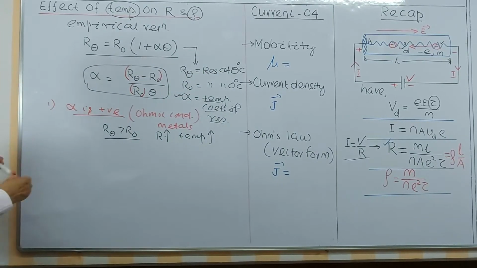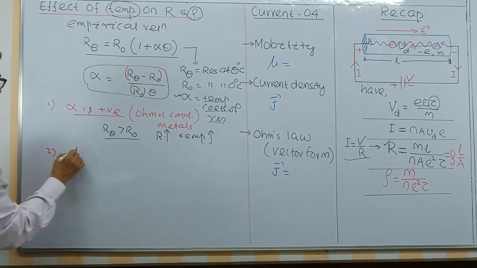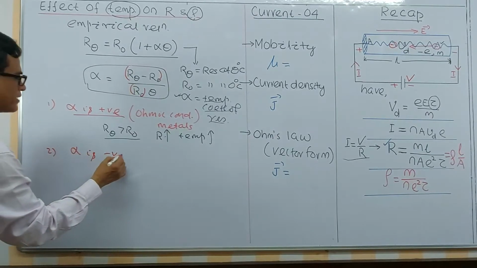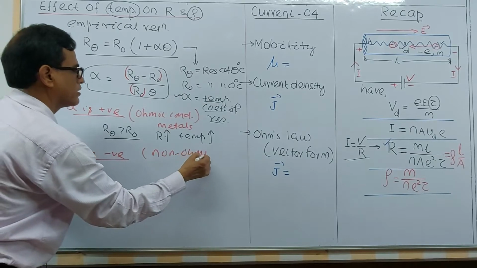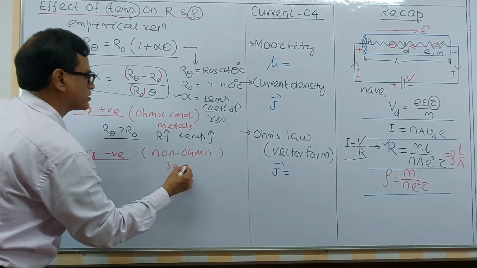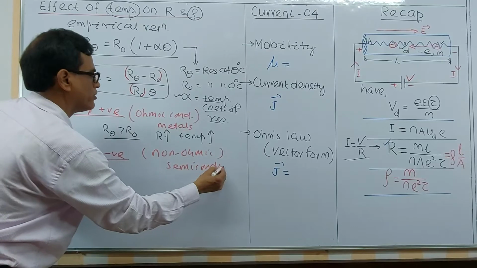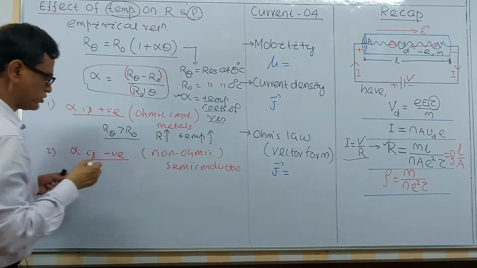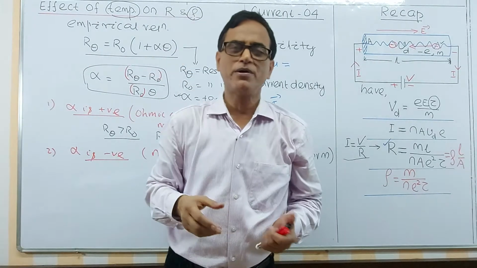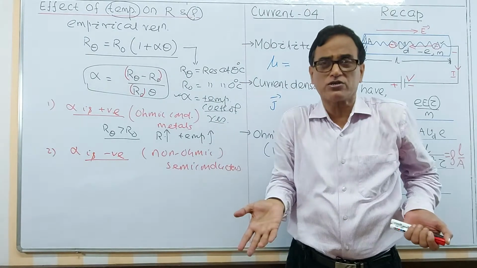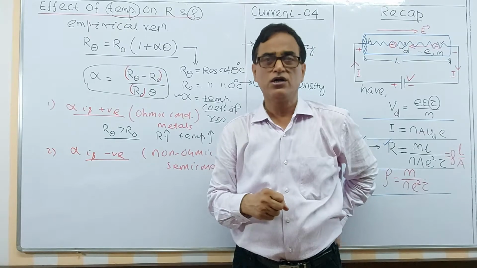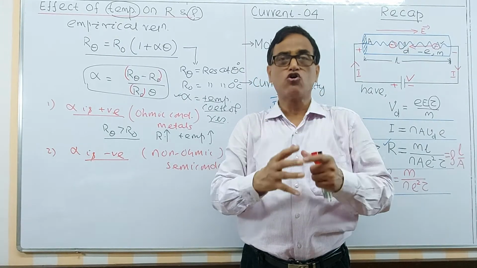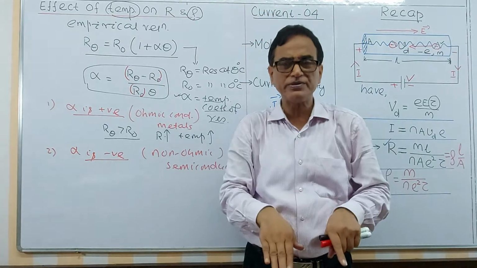See the second one. If alpha is negative, this is for non-ohmic materials, and these are semiconductors. We have already read this, and it is a very important short question. Remember, questions may be asked on conductors or semiconductors. You shouldn't interchange them. In a semiconductor, when temperature increases, conductivity increases, so resistivity decreases.